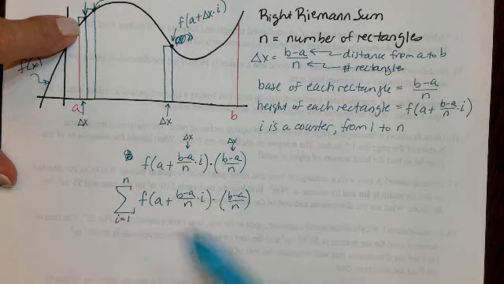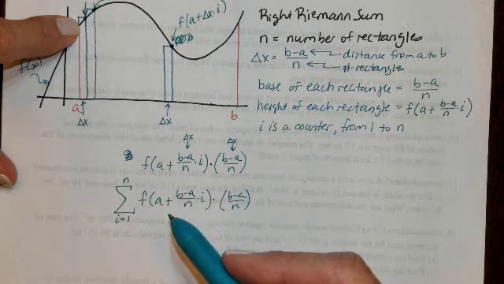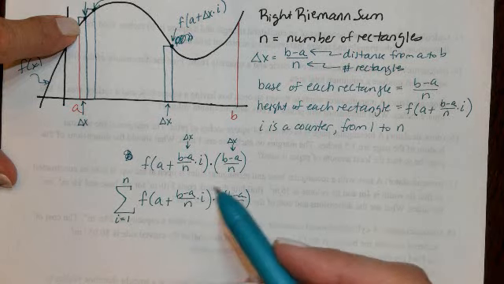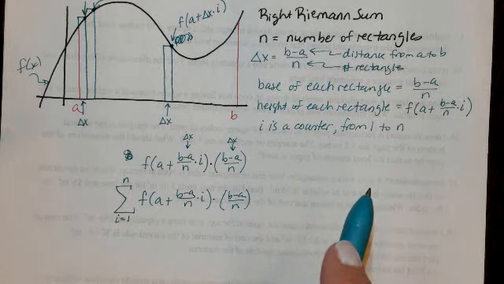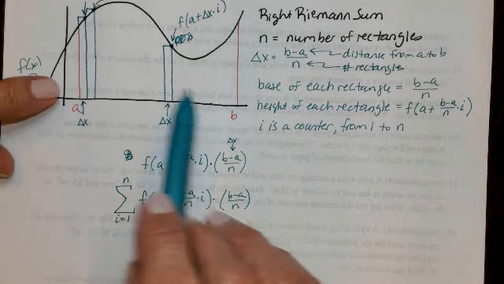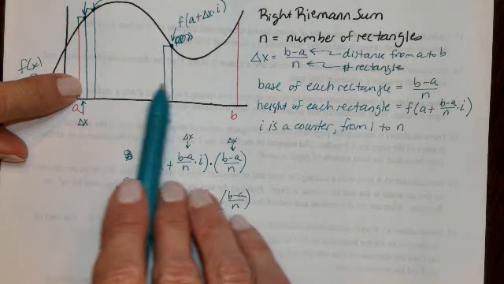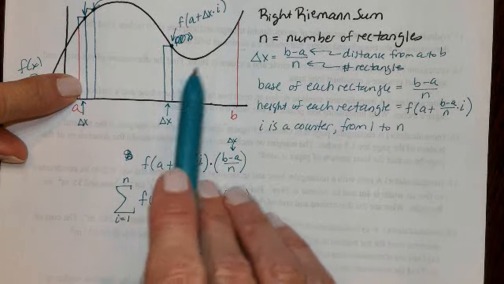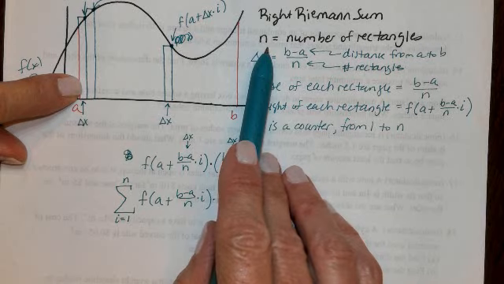Now, to get this more and more accurate, we want a lot of rectangles, right? A lot of rectangles. How many do we want? Well, if we're going to get the area under this curve, we need to let the number of rectangles go to infinity.